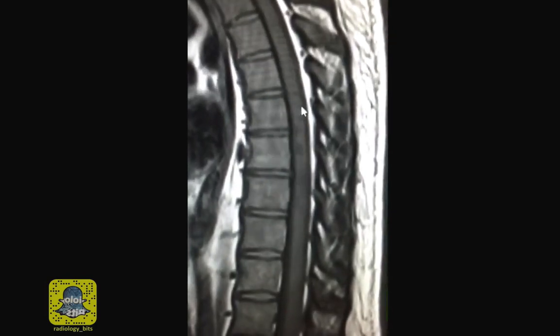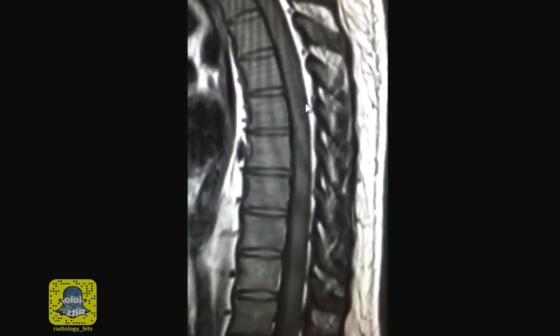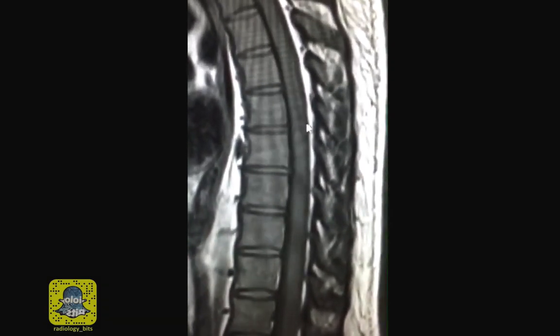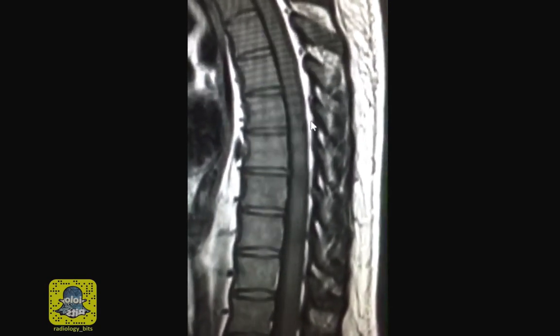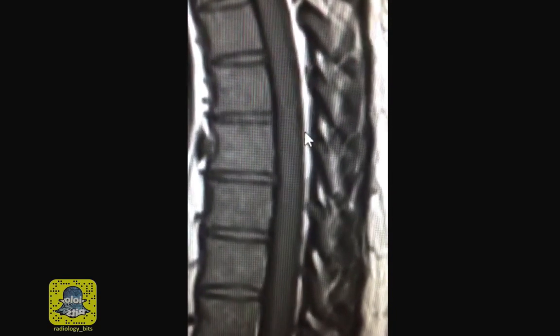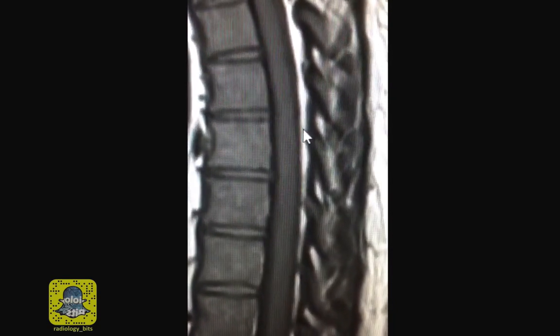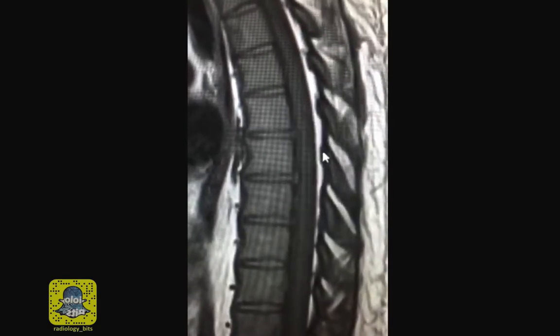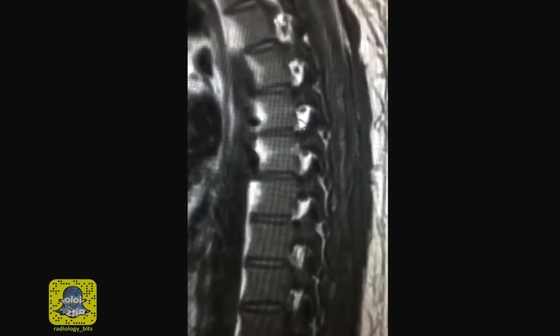However, since the cord and the CSF are dark on T1, on this acquisition it's easier to appreciate the bright fat adjacent to that. So this brightness here on T1 corresponds to fat in the extradural space. Now, the bones that you see here posteriorly, these are continuous with the vertebral body and these are the posterior elements.